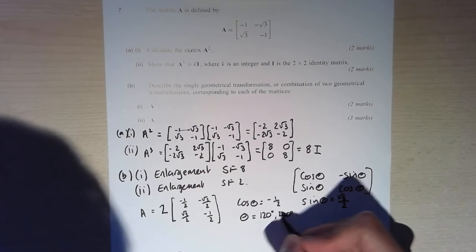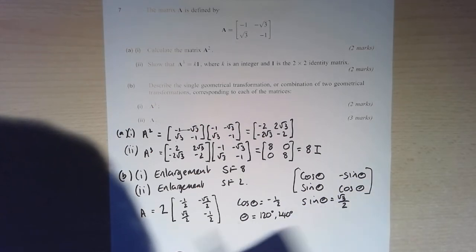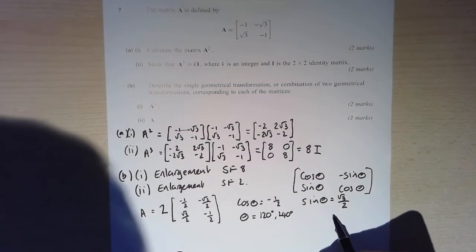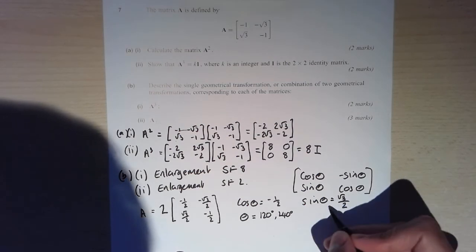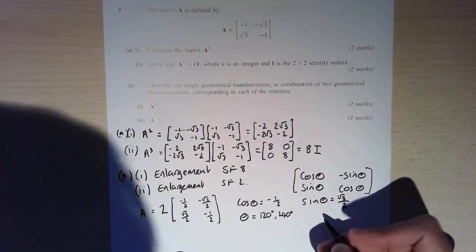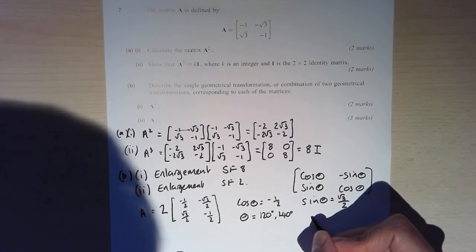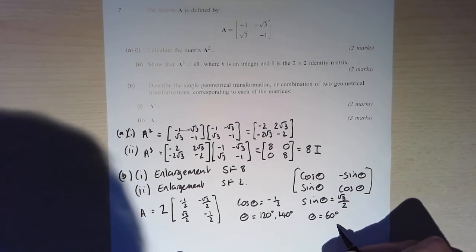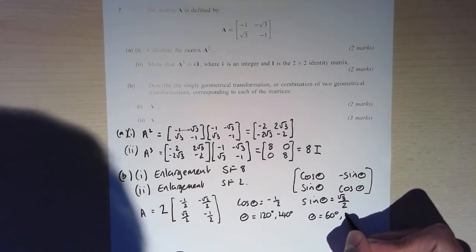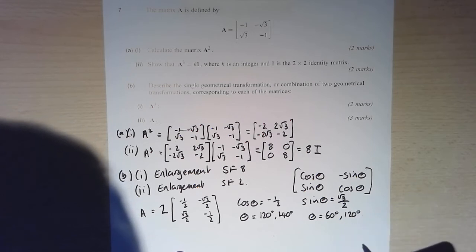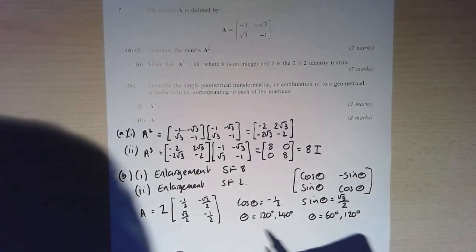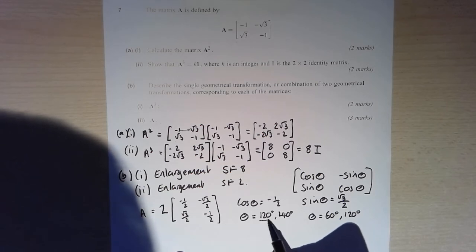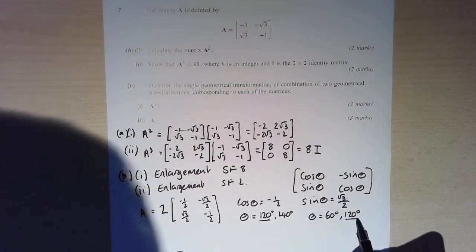Okay, so both of these anti-clockwise rotations are going to work. And over here, again, if sine theta is equal to root 3 by 2, then I know that theta is going to be equal to 60 degrees, but also 180 take away 60 degrees, which is going to be 120 degrees. Okay, so the one that's consistent in both of them is this anti-clockwise rotation of 120 degrees.